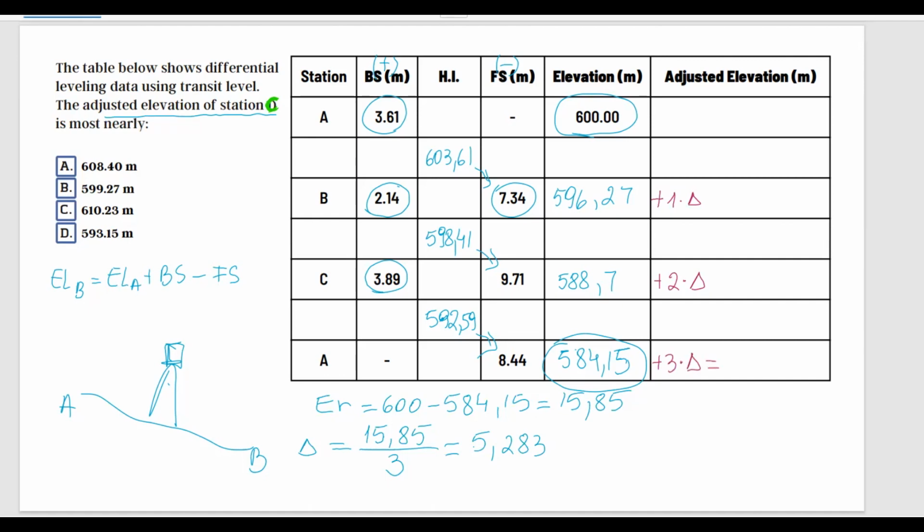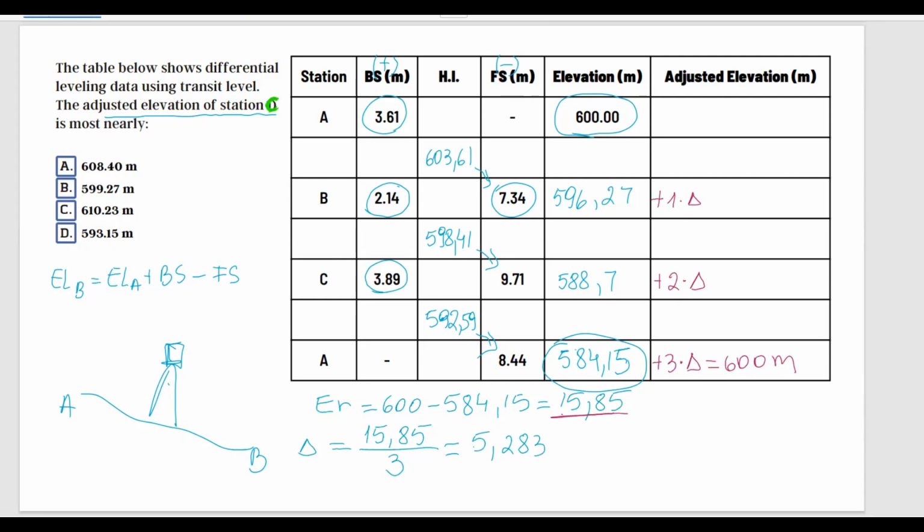So here, notice how if we add 3 times delta, we are actually adding this value that we're missing. So station A, when adjusted, is going to be back to 600 meters.